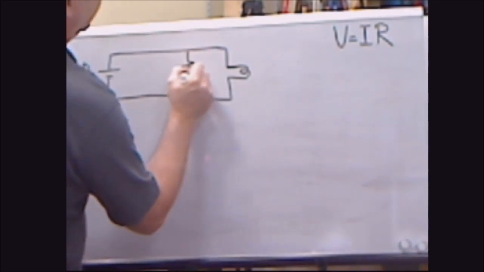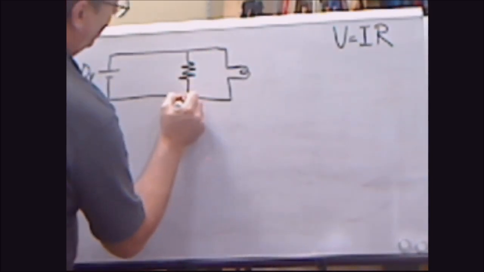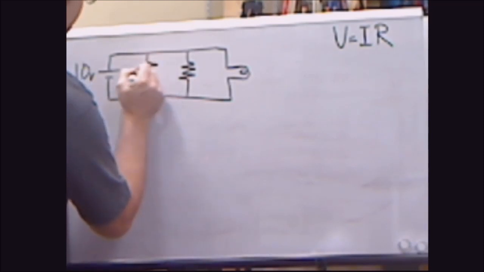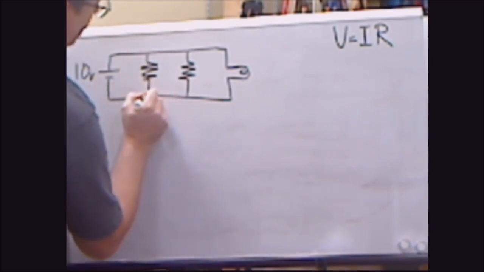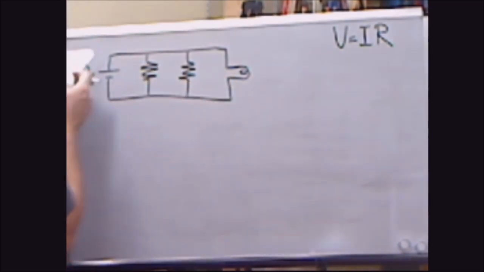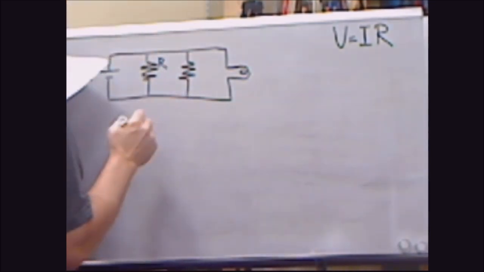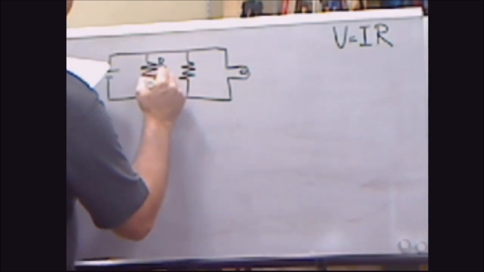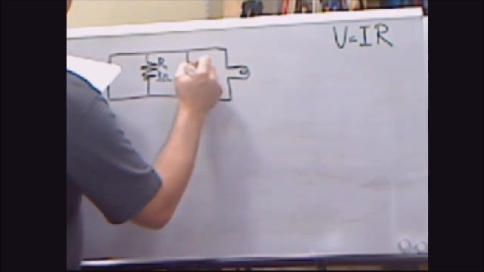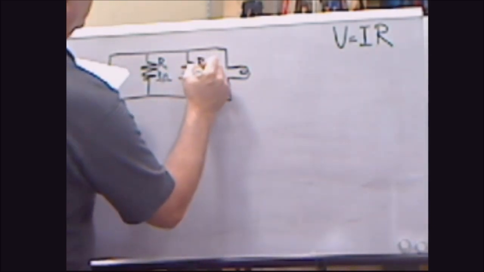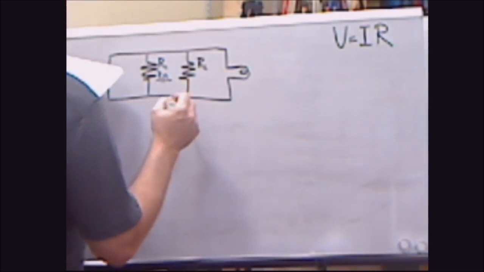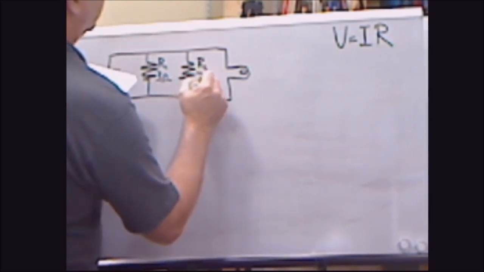So there's a resistor. There's a resistor. And there's our lamp. We're going to call this R1, and we're going to make R1 3 ohms. And we're going to call this one R2, and we're going to make this one 7 ohms.